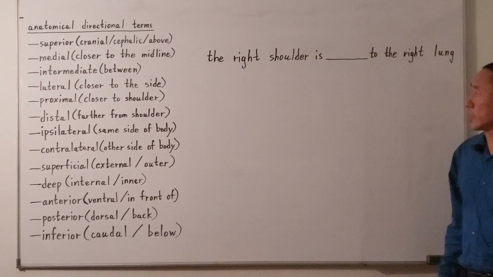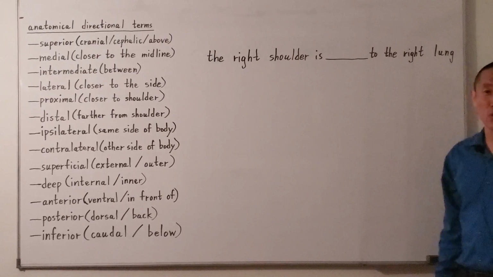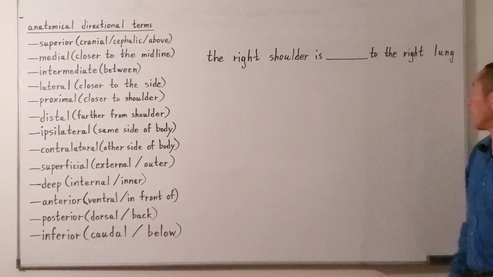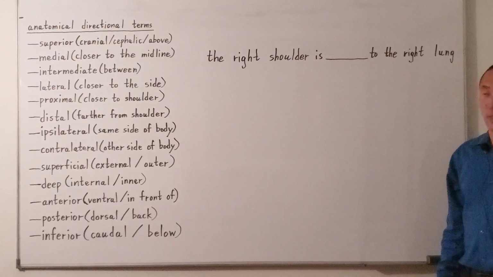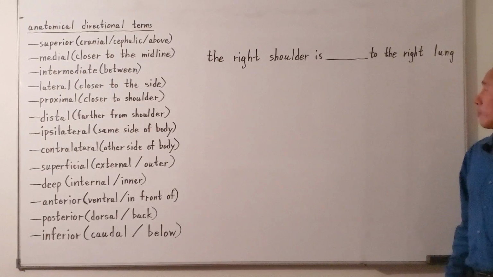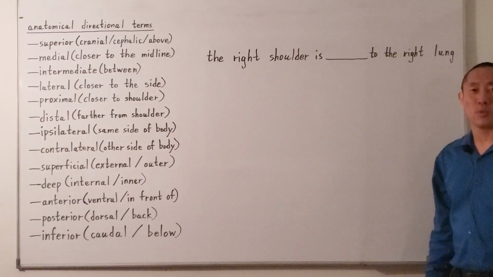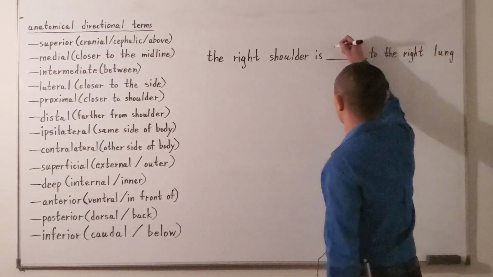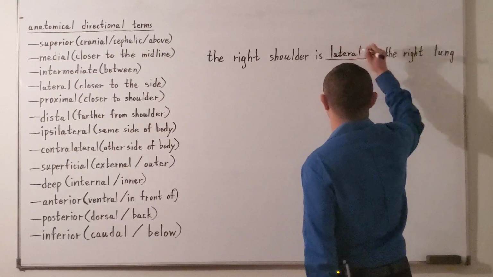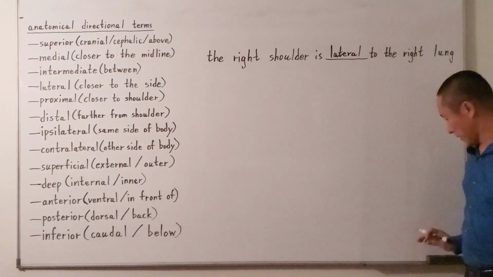Clearly the right shoulder is more toward the side of the body, closer to the side of the body compared to the right lung. So we are going to use the term lateral.